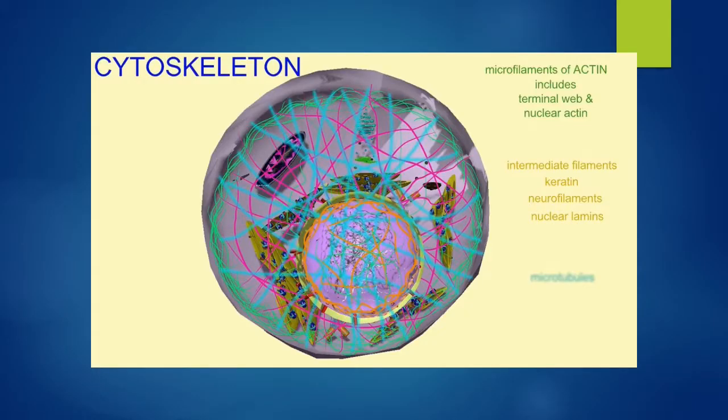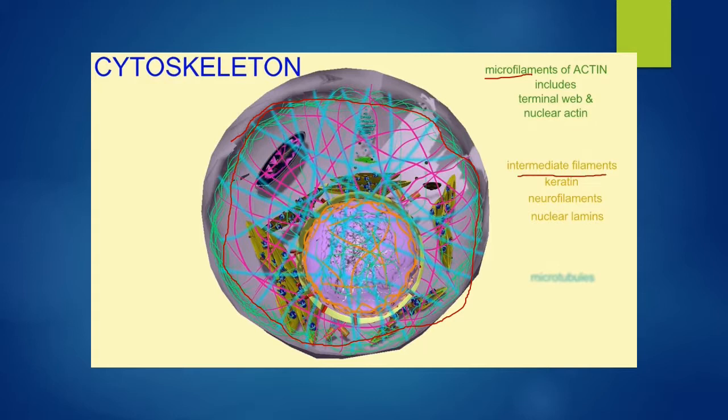So here's a three-dimensional representation of the cytoskeleton. And you can see that the cytoskeleton, at least in this example, consists of three main structures. Number one, the microfilaments here in green, and you can see that those are waving throughout the entirety of the interior, three-dimensionally that is, the interior of the cell.